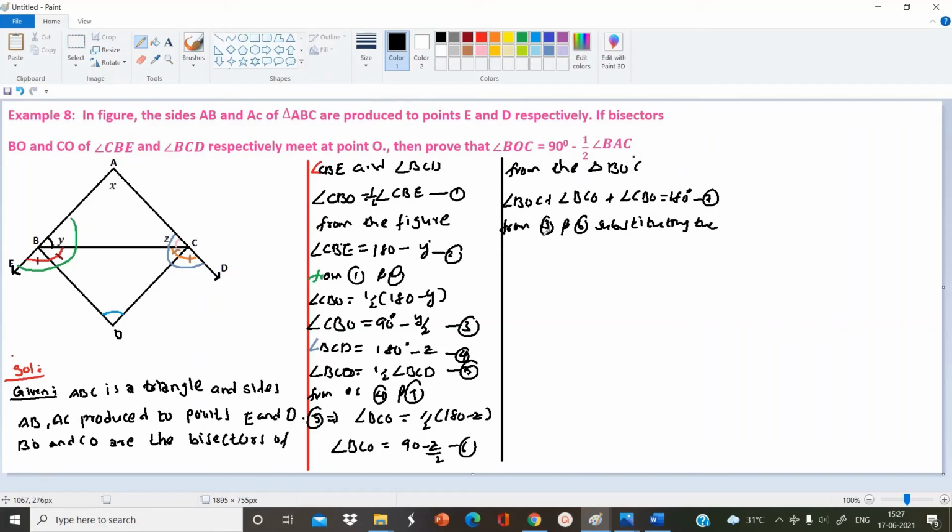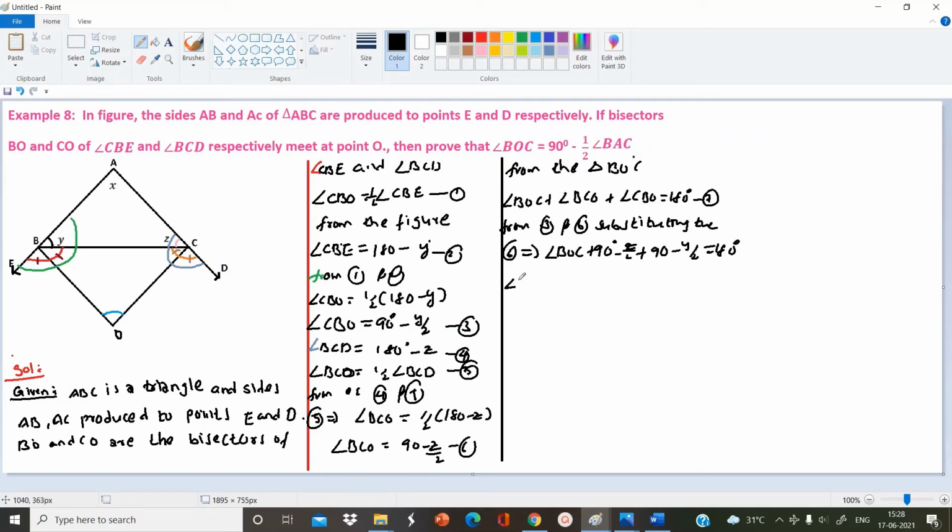Angle BOC plus angle BCO, from equation 6, 90 minus Z by 2, plus angle CBO, from equation 2, 90 minus Y by 2, equals 180 degrees.